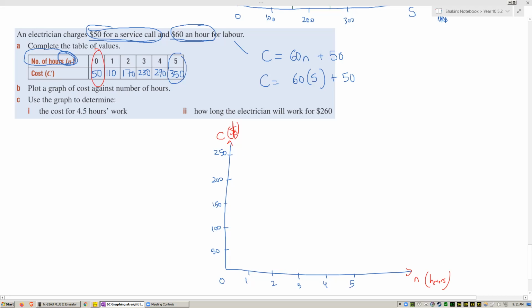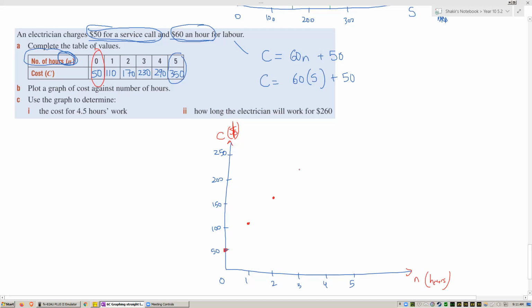Now I'm going to plot it in. 0 is 50, so the first dot goes there. The second dot is at 110, not there, slightly above, around over there. 2 is at 170, so roughly around over here. 3 is going to be 230. If you have a textbook with lines ruled and use a ruler, this will be a lot neater.